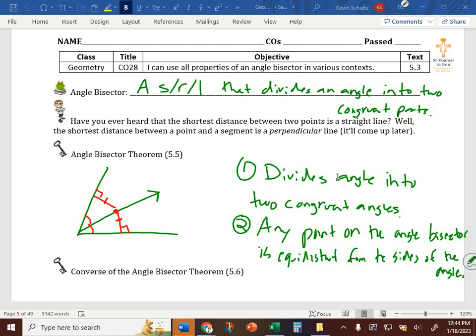I can't write on the board without standing there. Divides the angle. How's that? I'm trying to shorthand.